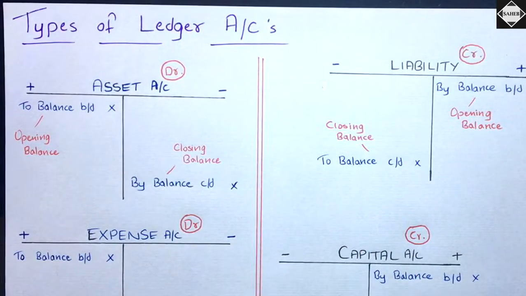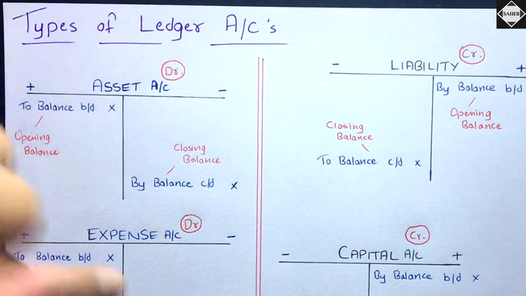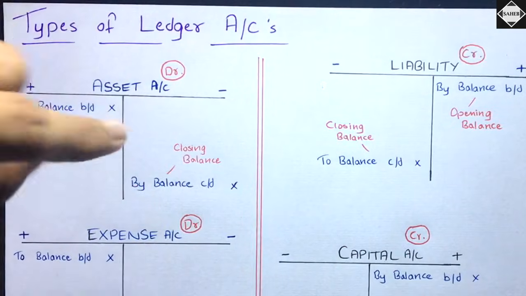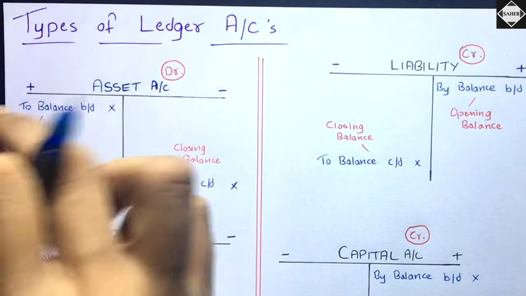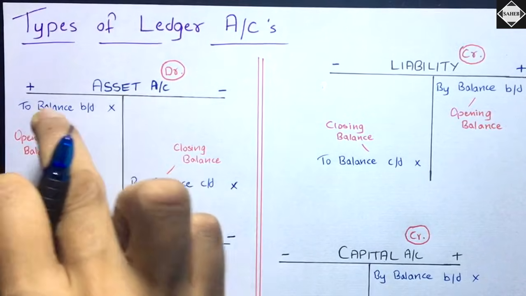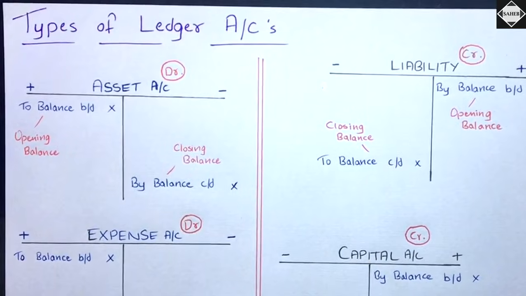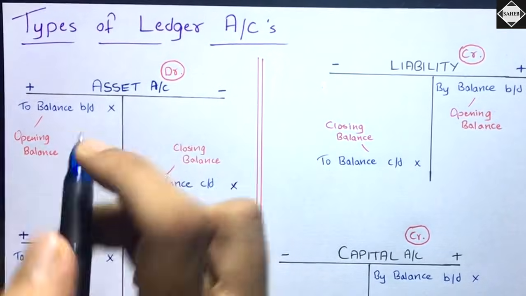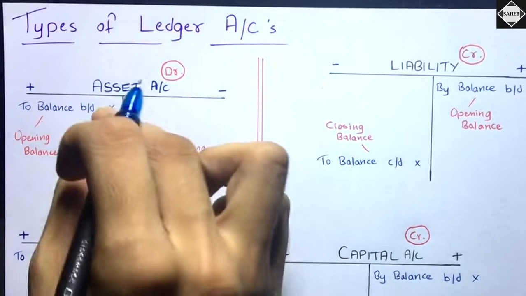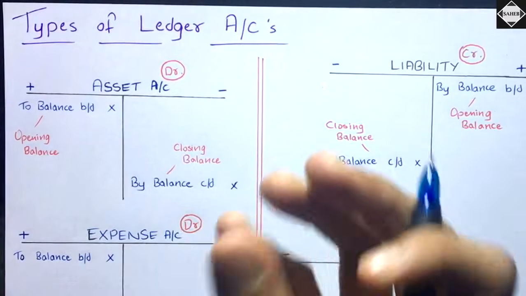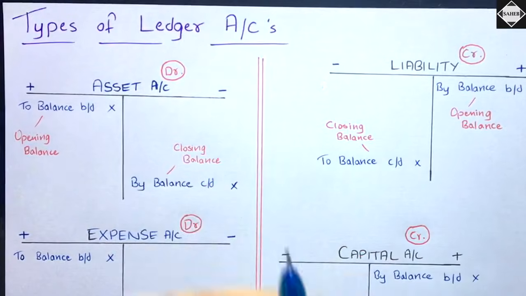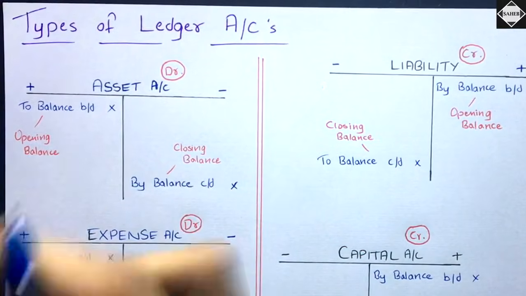So what are you going to do? On the last day, what you had would be the opening balance on 1st April 2020, and you are going to take that over here to balance brought down, to balance B by D, or you can also say to balance brought forward, B by F. To balance B by D, you will take over here, let's say 80,000. 80,000 was the value of the plant and machinery in the previous year, at the last day, and you're taking it over here.